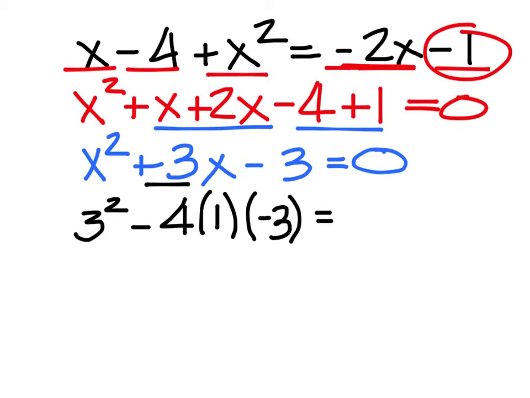What do I get when I get 9 minus, actually it's plus, 12? What's the discriminant? 21. Anytime, including the minus sign, anytime you have an even number of these, you'll have an even or a positive answer. If you have an odd number of these signs, it'll be negative or minus. So the answer is real or complex? Should be real.